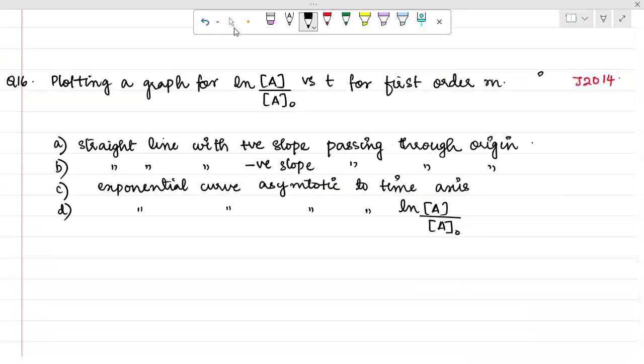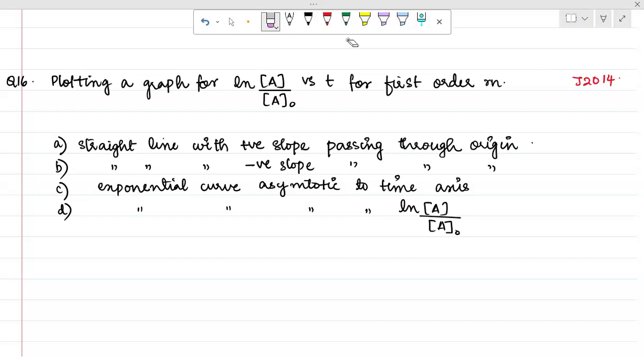So the question was plotting a graph for ln A by A0 versus t for a first order reaction, which was asked in June 2014. There were four statement type options.